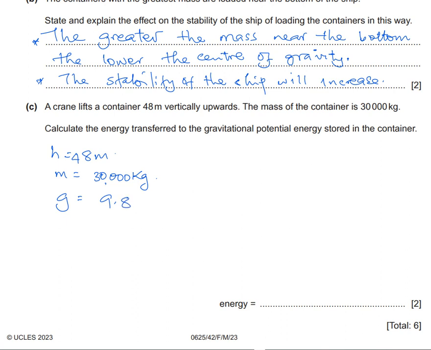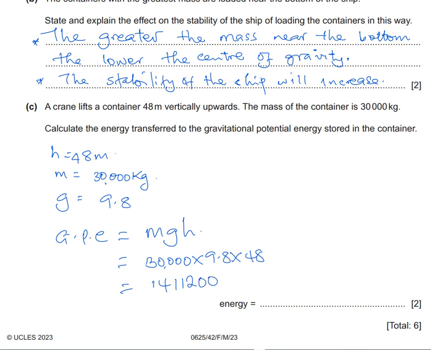Don't use 10. So we shall look for gravitational potential energy from mass times gravitational field strength times the height. So it should equal 30,000 kilograms times 9.8 times 48, and then we'll be able to get 14,112,000, and this is joules. Use your calculator, you're supposed to get that.